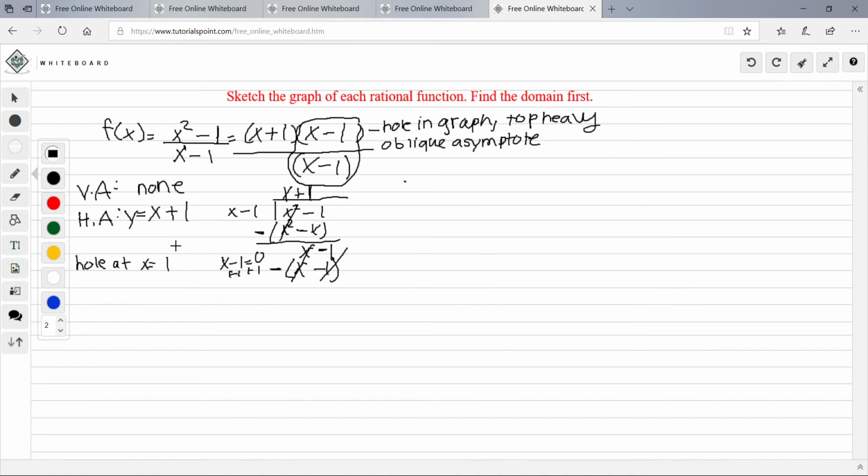All you have to do is plug 1 into the function. The x minus 1 cancels, so it's just x plus 1. So f of 1 is 1 plus 1, which is 2. So our y value at the hole is 2, so it's a hole at 1, 2 in coordinate form.